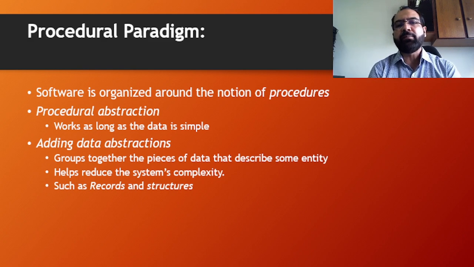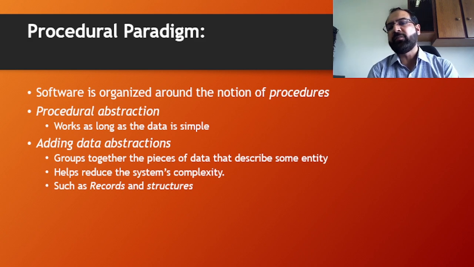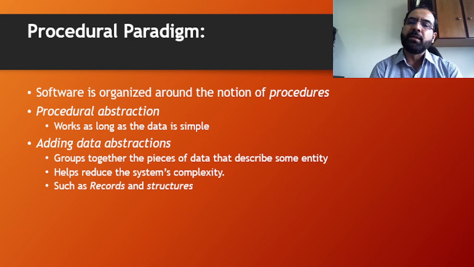In that manner we didn't have the concept of object as such, and there we are more interested in functional requirements which can be transformed into procedures or a set of codes. And we add data abstractions into it, because we group together the pieces of data that describe the same entity. It helps reduce the system complexity as well, and it is a good way of maintaining records and structure.